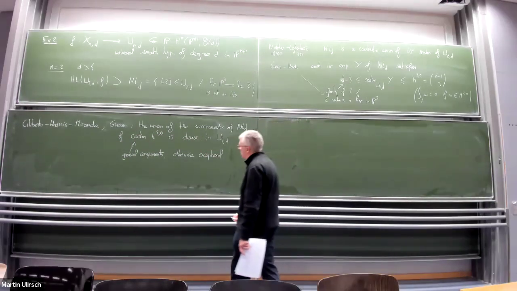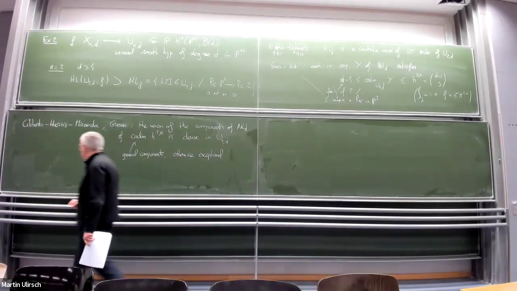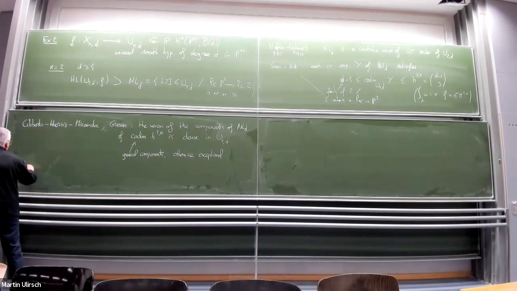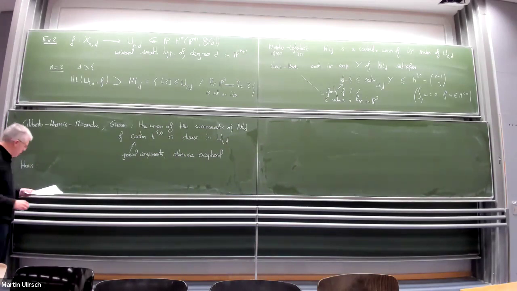And then looking at this Harris conjecture, that there should be only finitely many exceptional components, not of the expected codimension.